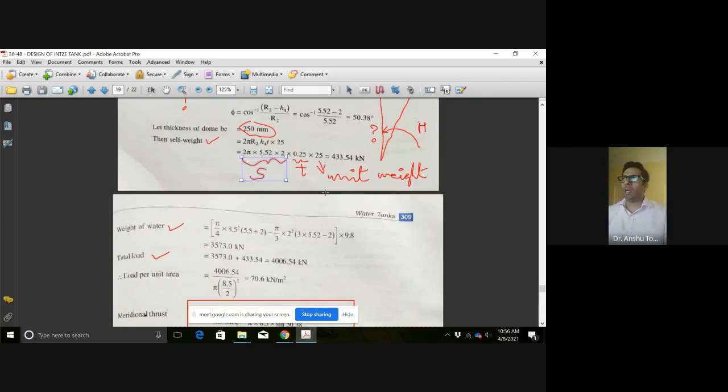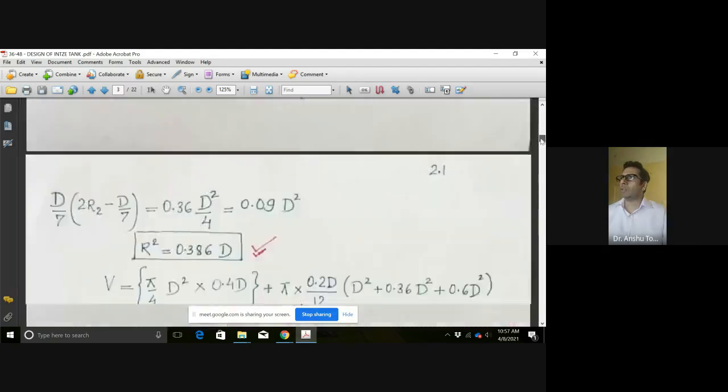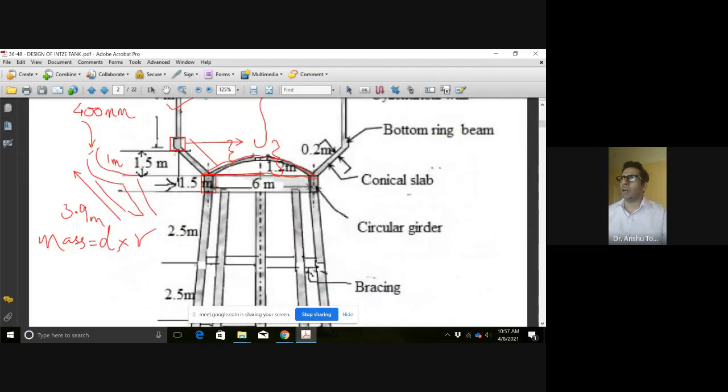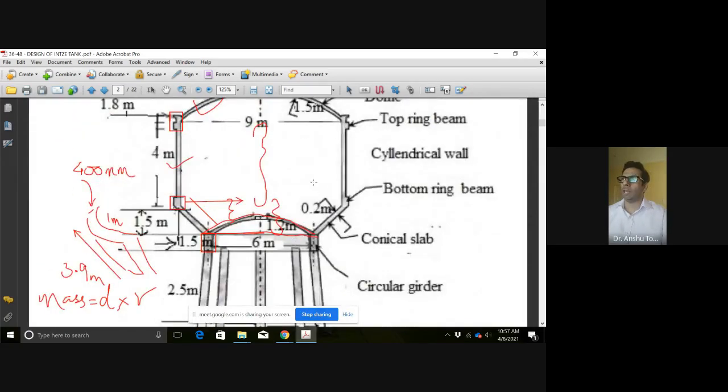But for designing this meridional thrust and corresponding hoop stress, we never use the concentrated load. This we know very well. Weight of water, that is the total volume we are getting, subtracting the volume beneath, as I have explained earlier also here. So this volume has to be subtracted for considering the total volume of the tank.